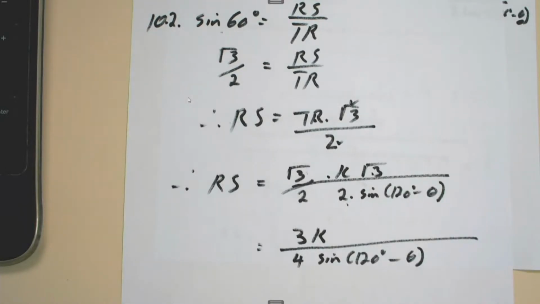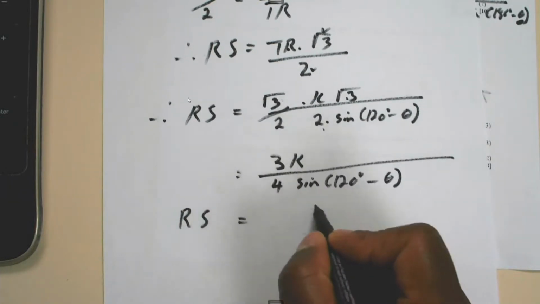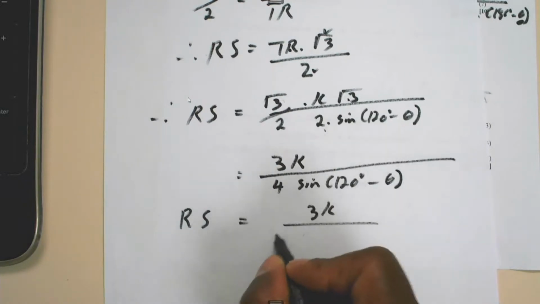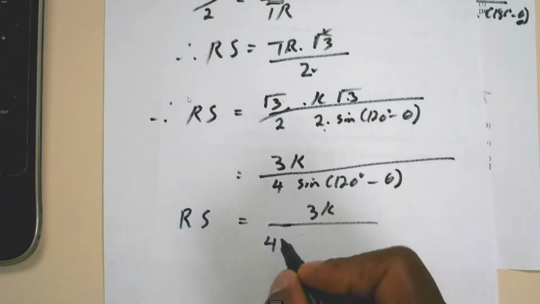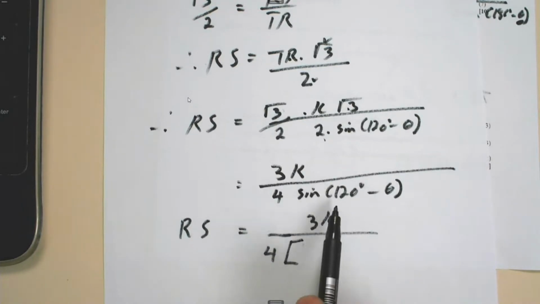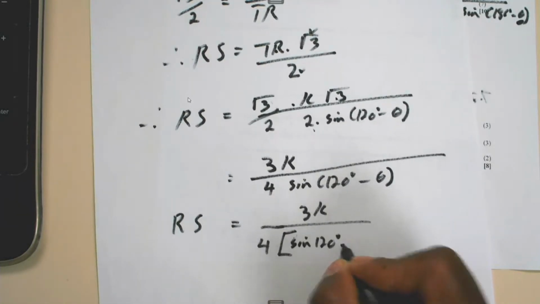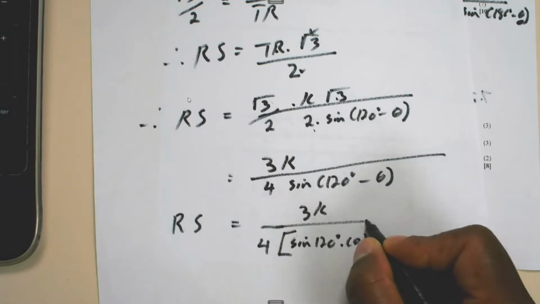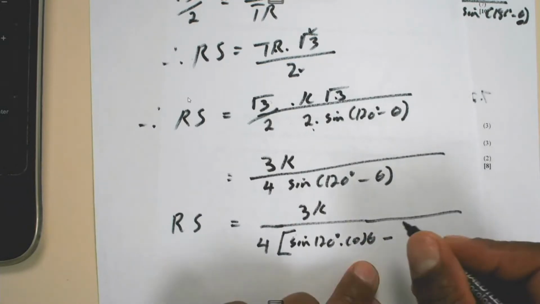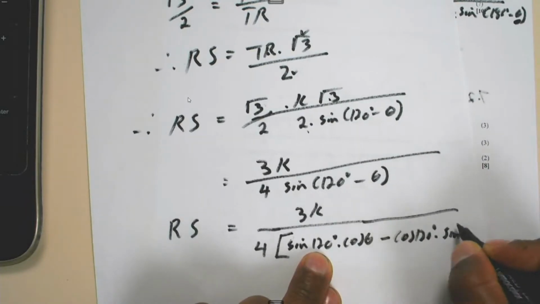Now let's apply the compound angle identity for sine. RS is equal to 3K over 4 multiplied by the sine of 120 degrees, the cos of theta, minus the cos of 120, sine theta.